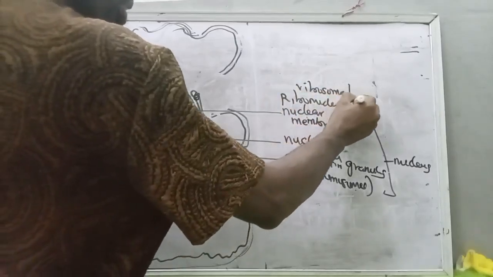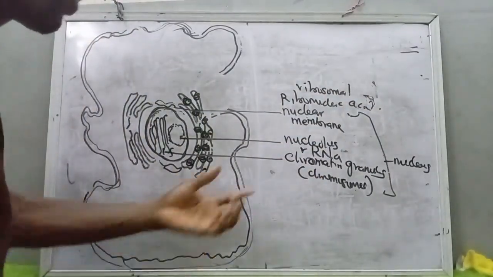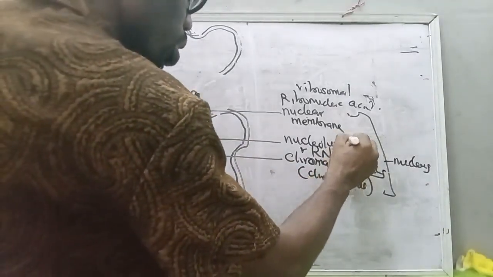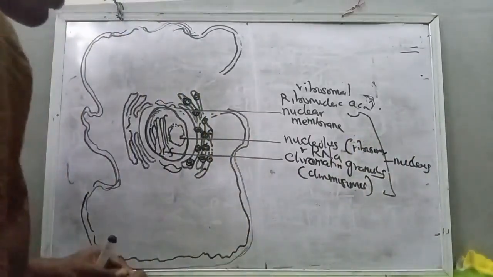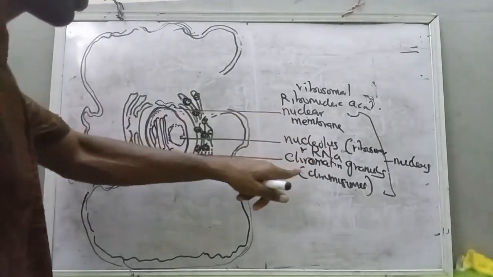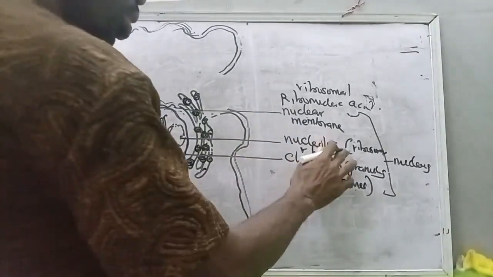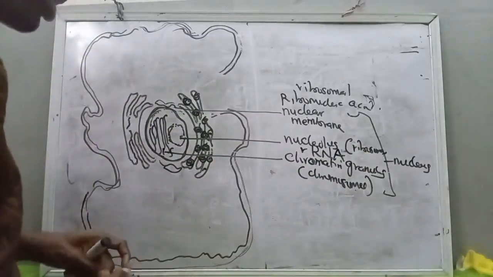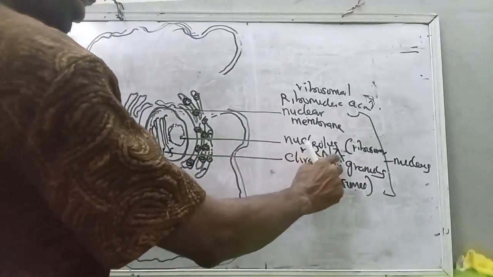This nucleolus is responsible for producing the parts that form the ribosome. That's why we call it rRNA, meaning ribosomal ribonucleic acid. Sorry, this A is a capital letter, not a small letter. Okay, are you seeing it now? So this is ribosomal ribonucleic acid.